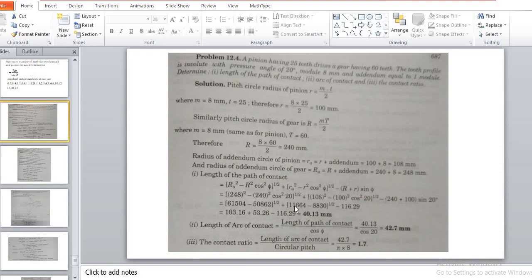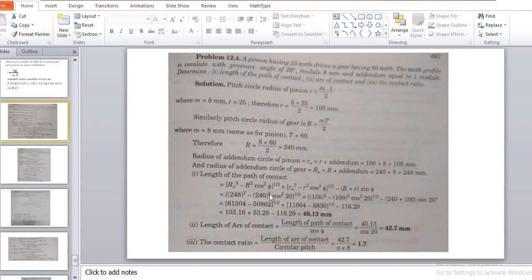So in this numerical, we have to find the addendum circle radius for the pinion and gear. Also we have to find the pitch circle radius for the gear and pinion using the formula m t by 2, and then we move to the length of path of contact, arc of contact, and contact ratio.